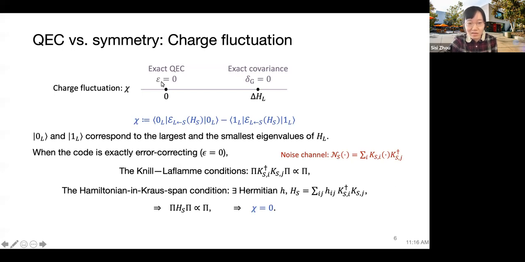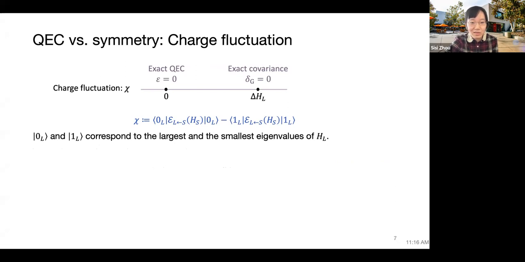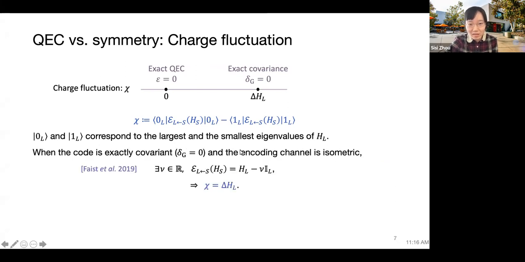And the second part is what happens if the code is exactly covariant. In that case, it can be shown that, again, I forgot the dagger here, the dual of this physical Hamiltonian should be equal to the logical Hamiltonian if the code is exactly covariant, with some constant offset.